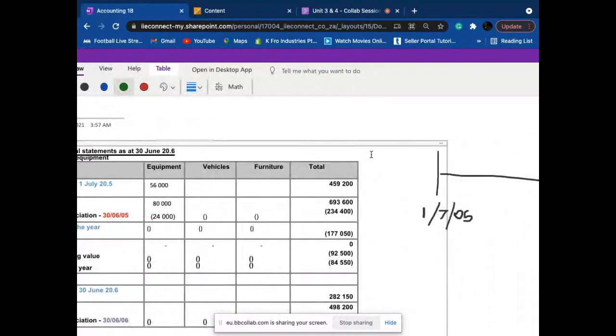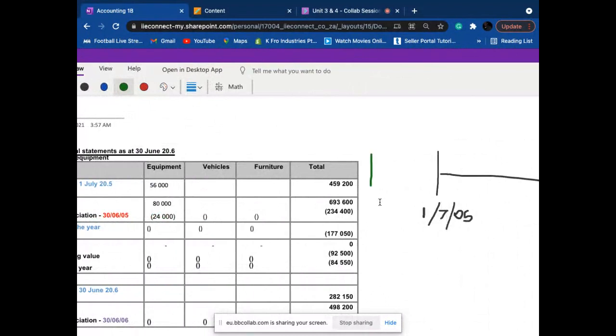Okay, cool. So here, we bought this thing when? What was the date when we bought it? 1 October. So 1, and this is 10. And that's 2004, if I'm not mistaken, right? Okay. All right, so 1 October 2004 all the way to 1 July 2005.